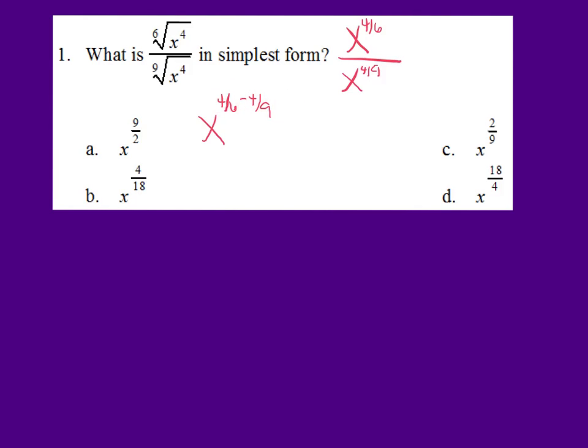We can ask our calculator what is 4/6 minus 4/9, or you have to go through and get a common denominator so that you can subtract those two fractions. When I put 4/6 minus 4/9 into my calculator, the answer that I get is 2/9. So my answer, when this is all simplified, is x to the 2/9.